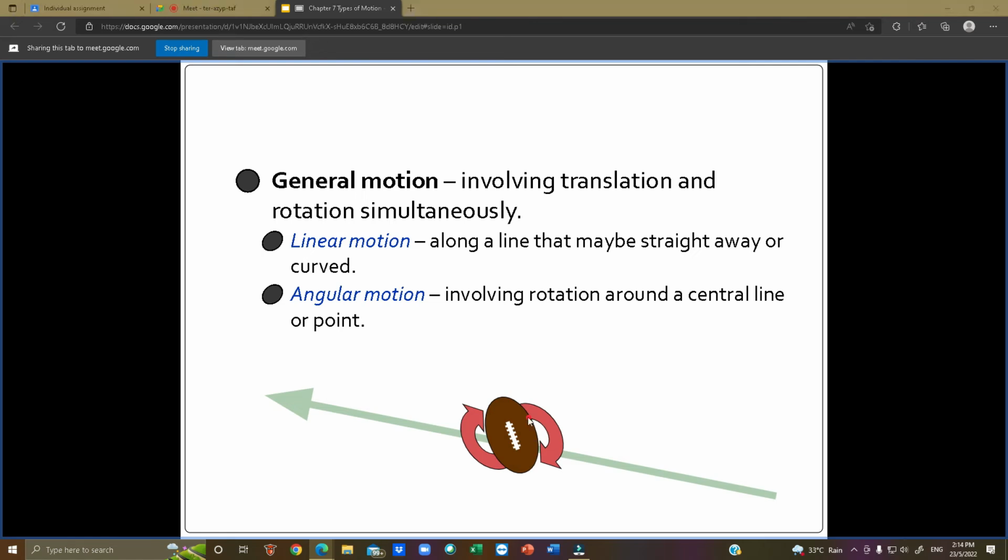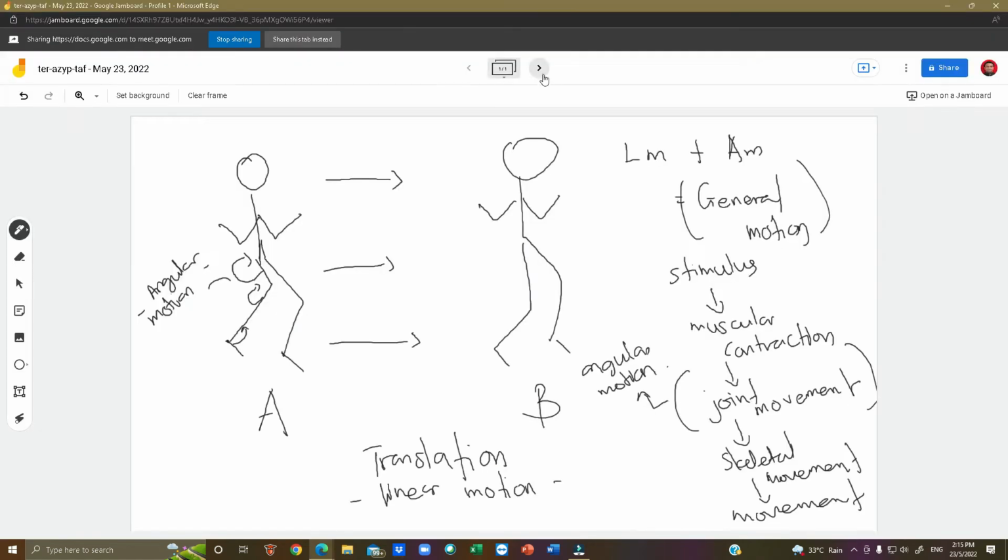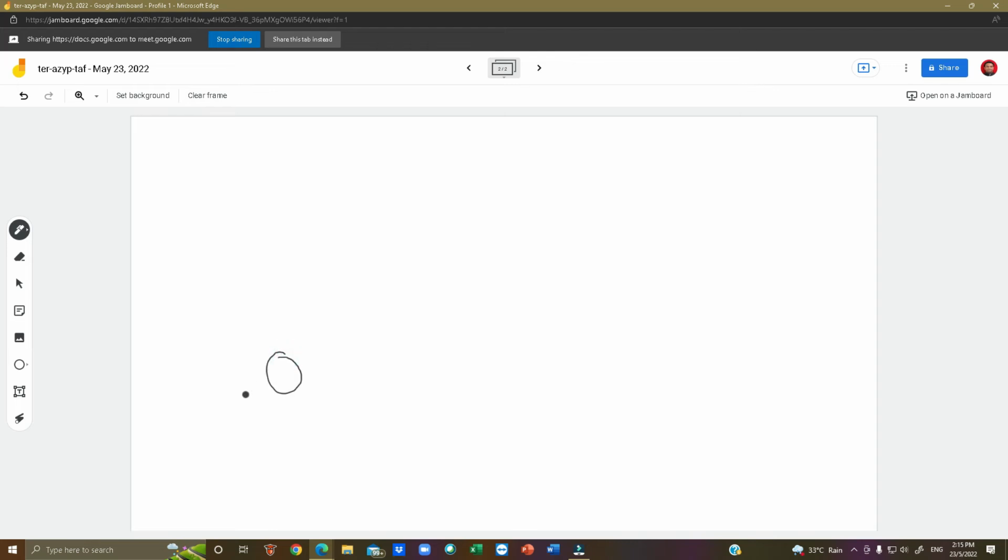When we go for a curve ball in bola sepak, okay, we apply force which cause the ball to rotate and then it cause the ball to travel forward. Ni point A, ni point B. Nampak tak? Satu pergerakan yang ke hadapan. This is known as linear ataupun translation. Okay. Tapi ni kan melengkung. This is not straight.